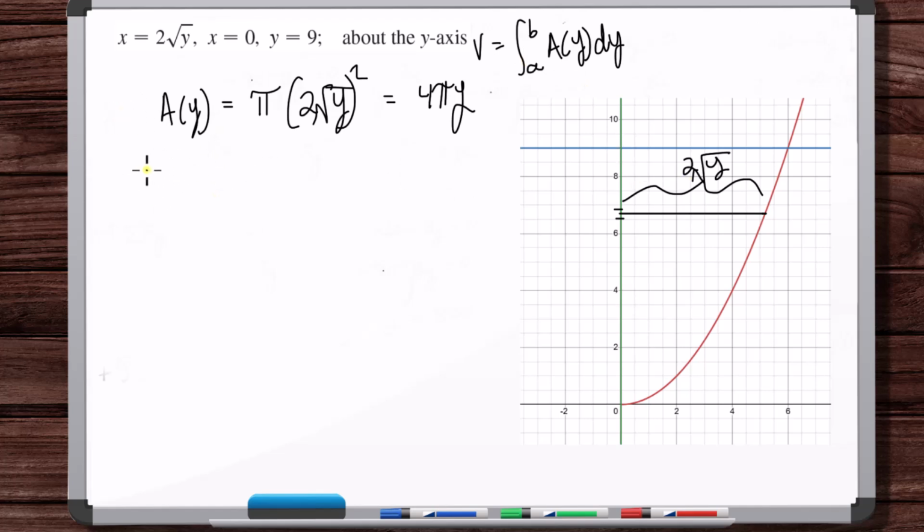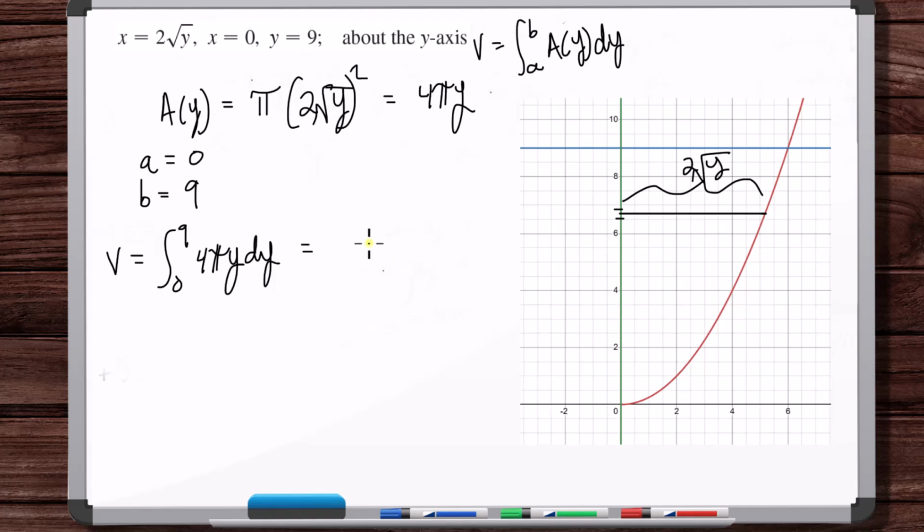Okay, so we're going from a equals 0 to b equals 9. And I mean, that's it. So the volume is the integral of 4 pi y dy. There you go. So now we just need to do this integration.